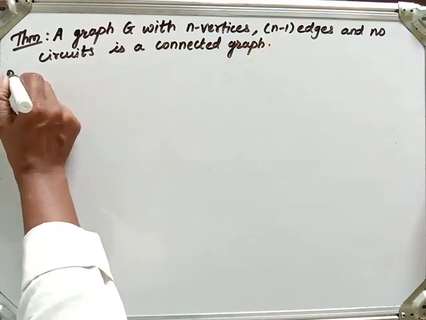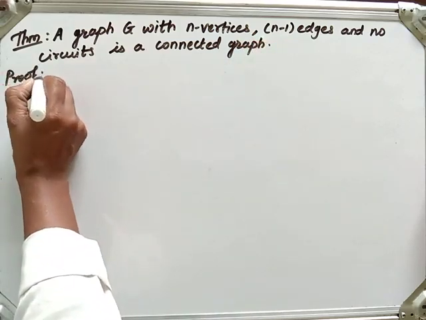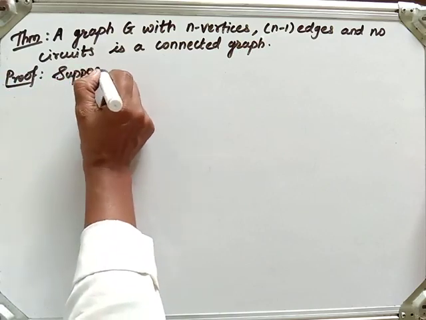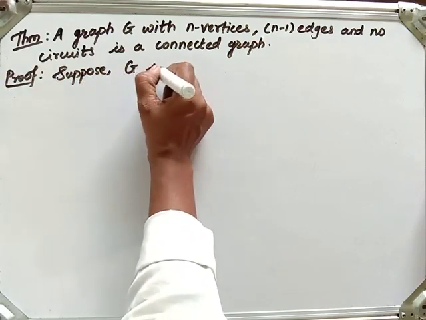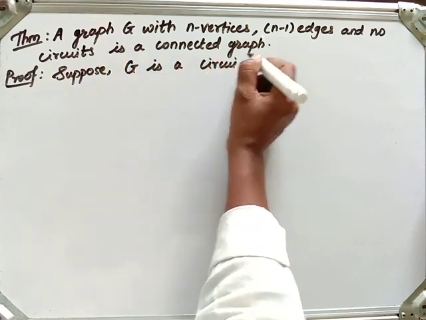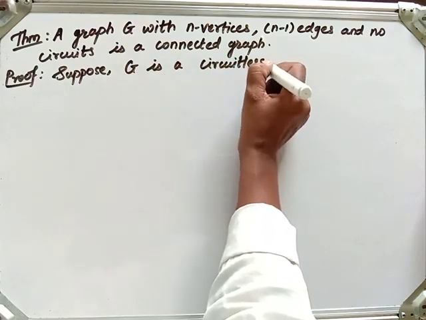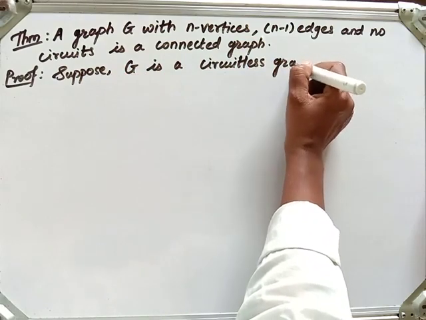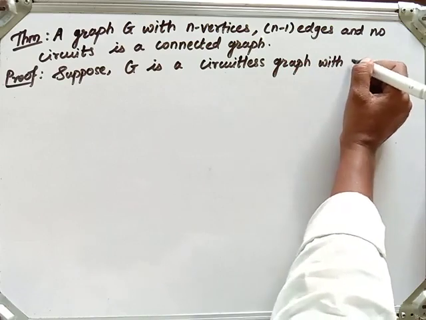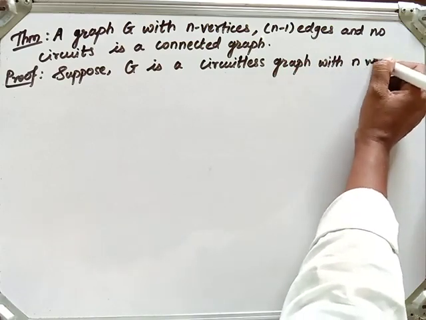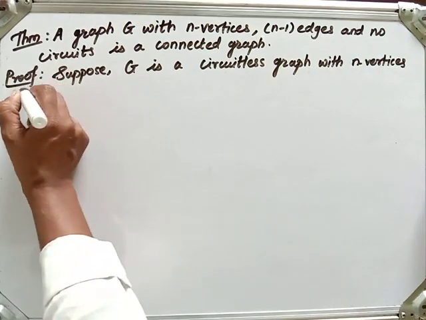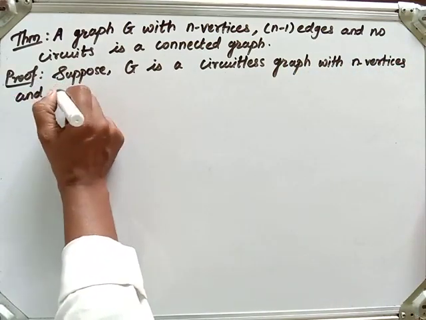Okay, proof. Suppose G is a circuitless graph with n vertices and n-1 edges.